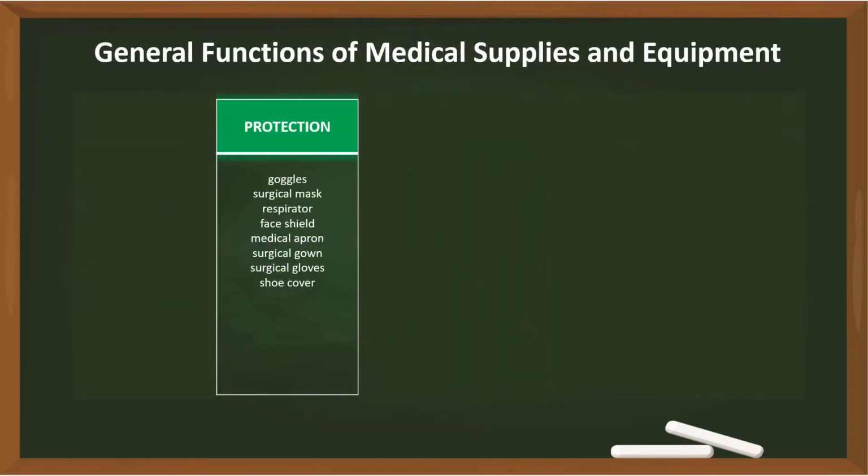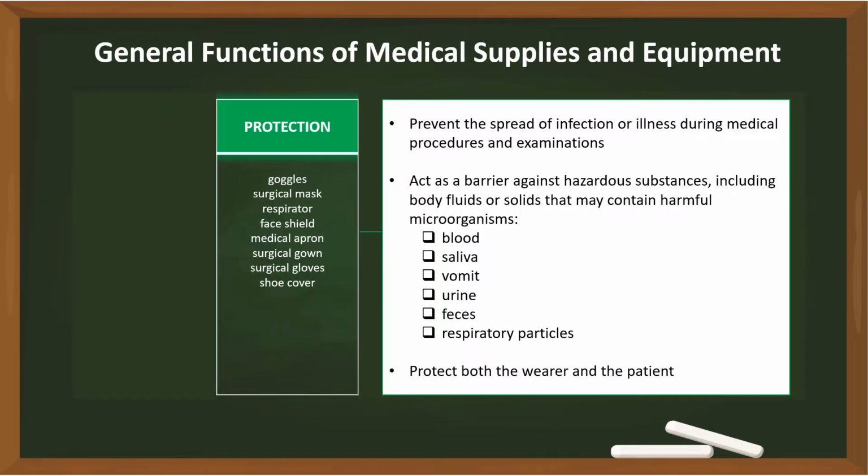Next, we have protective supplies. They prevent the spread of infection or illness during medical procedures and examinations. By acting as a barrier against hazardous substances, they protect both the wearer and the patient. The following are examples of protective supplies.